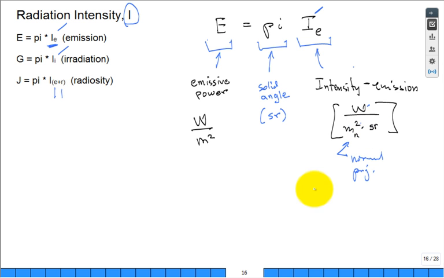The meter squared, I would sometimes like to put a little subscript n, but that makes no sense. You have a subscript on a unit, meter? That makes no sense. But maybe I do it for myself personally to remind myself that it's the projected or normal area. So if I have a little area like this, and I have a direction not from the normal going up, characterized by theta.